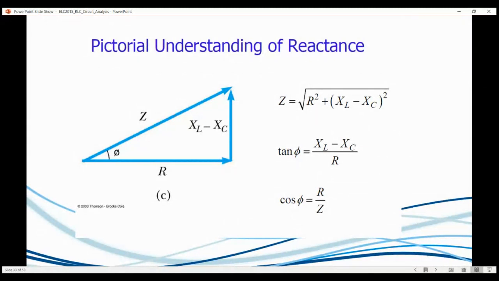Depending on your total reactance on the vertical vector, you subtract and add, and then take the vector sum of them, and then we can find Z. So Z is the resultant resistance, which is essentially the impedance of an AC circuit. I just thought that's worth mentioning.